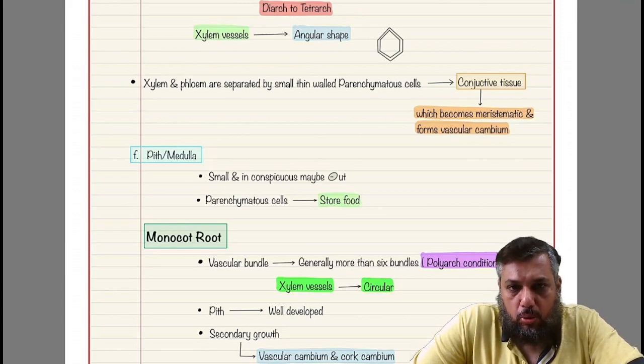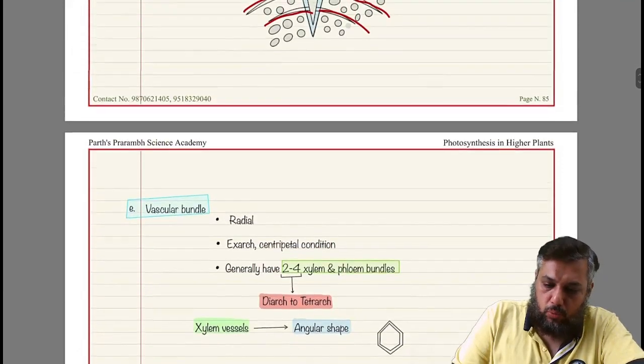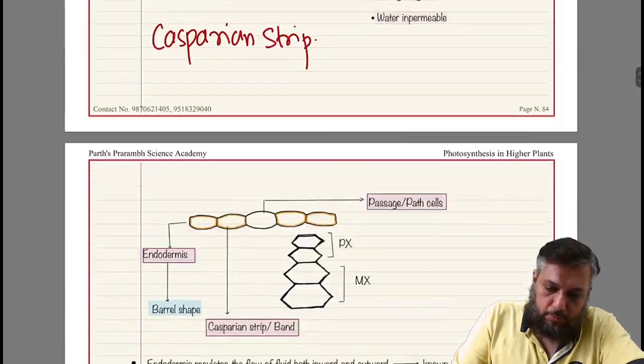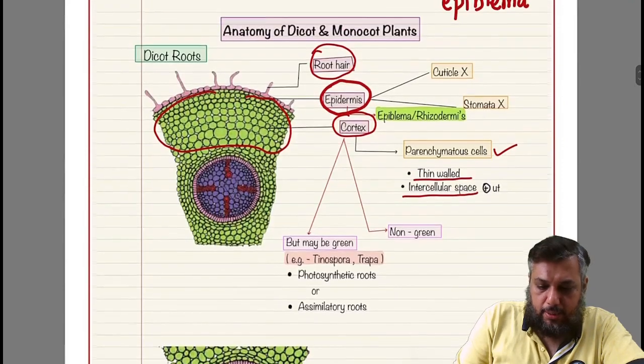Dicot root पे pith बहुत ही कम होता है, ज्यादा बड़ा नहीं होता. ओके, parenchymatous cells होते हैं pith में, and there they store the food. Now from this diagram, it is very clear.